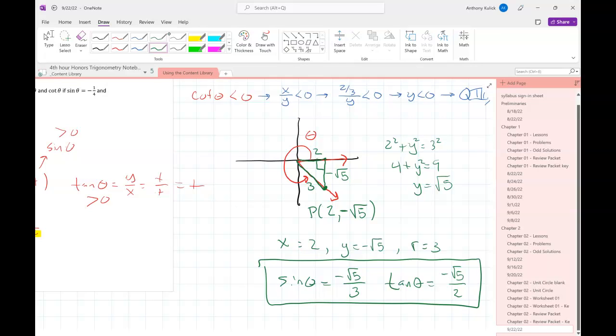Probably the trickiest part of this is just figuring out the quadrant that your terminal side has to go in. But all I'm doing is really looking at whether the x's or y's have to be positive or negative from the information that's given to me. And once I have that, it's usually not so bad. But notice I shifted between different definitions inside of that same problem, right?